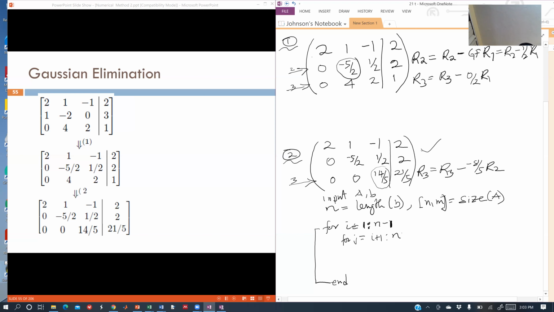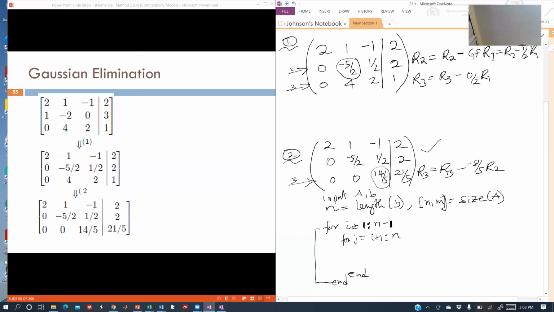So you see, for iteration 1, I'm starting from 2. Iteration 2, I'm starting from 3. And so if I'm in iteration I, I'll start from where? I plus 1 to n. And then we end that particular loop as well.